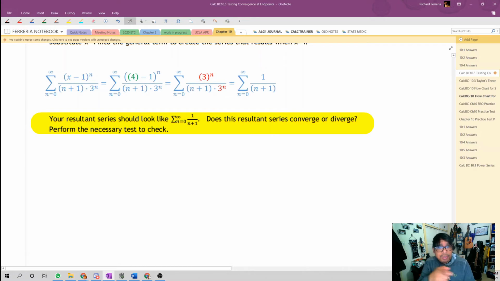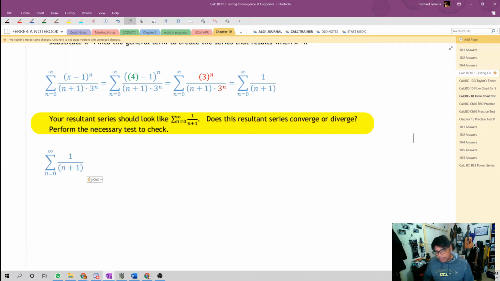Now, does this series converge or diverge? Looking at this series, I only have a polynomial in the denominator, and there's nothing else involved. No exponential, no factorial, no square roots, nothing funky. Just a polynomial in the denominator.